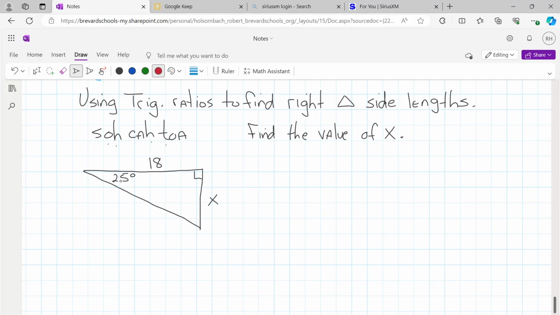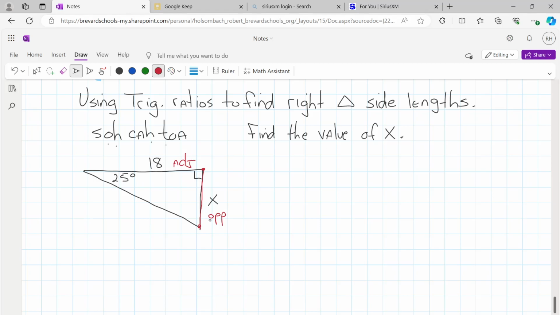In relation to this 25-degree angle, this side here that's represented by the x, that side is opposite, isn't it? That side is opposite of the angle. The 18, that side is adjacent to the angle. That's all we're worried about. The side you're trying to find and the side that's given.